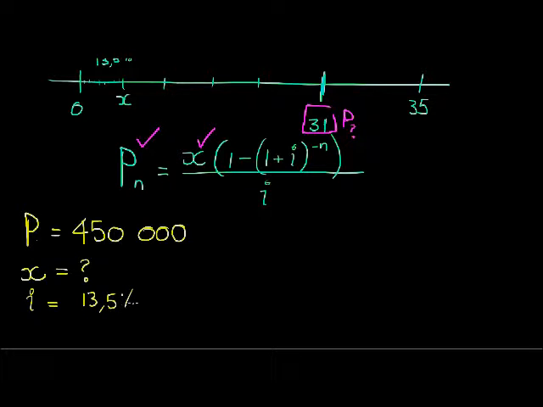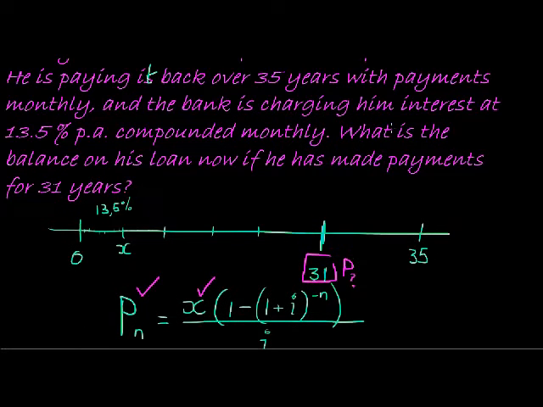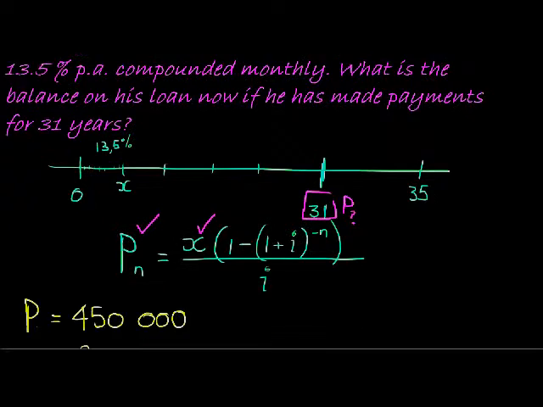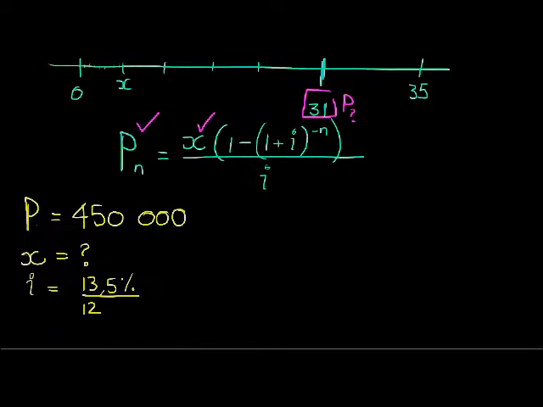Okay, but that amount must still be divided by 12 because he's making monthly payments. Okay, very important. He is making payments monthly. So we know there's 12 months in a year, so he's getting interest not at 13.5%, but at that divided by 12. And also divided by 100 because we're working with a percent there.